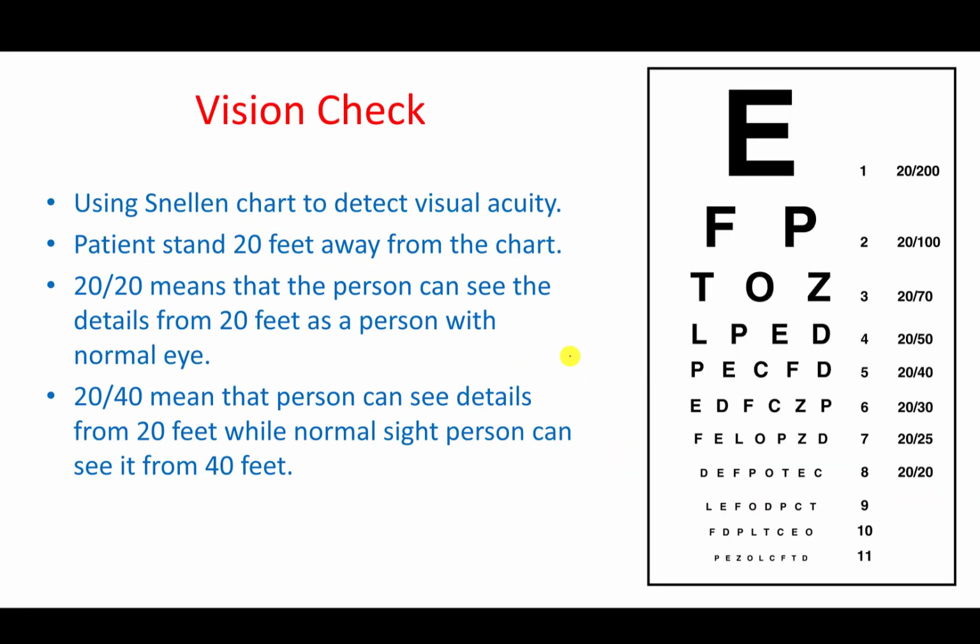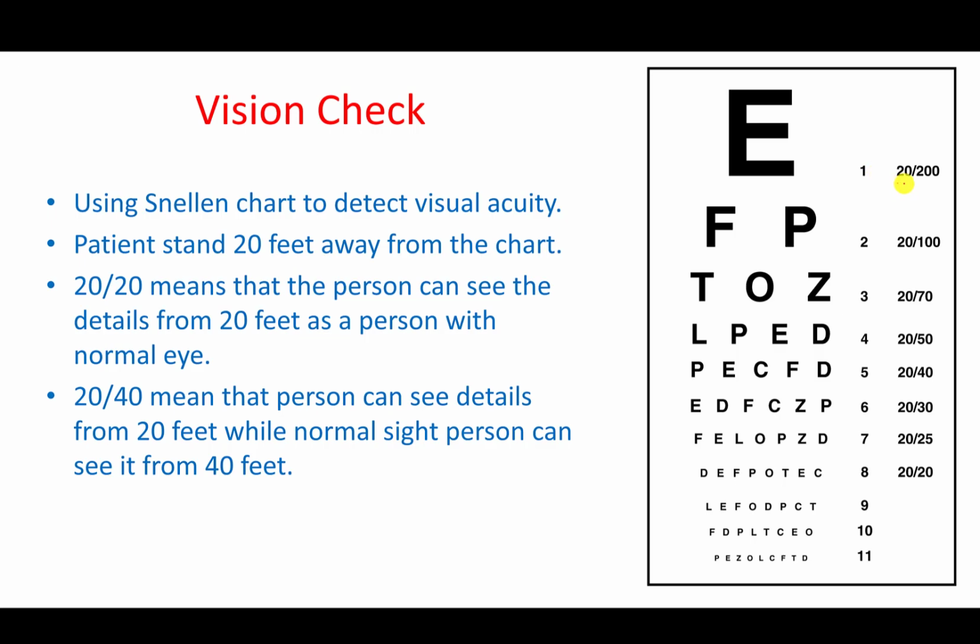Now, usually there is the vision check, when we go to the ophthalmologist to check our vision. Usually we will look at a chart, and in this chart, as you can see, we have letters of various sizes, and we have those two numbers. To understand those two numbers, we need to think of the situation in the clinic.